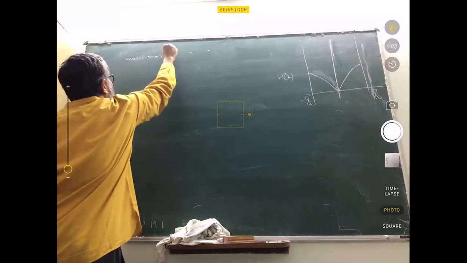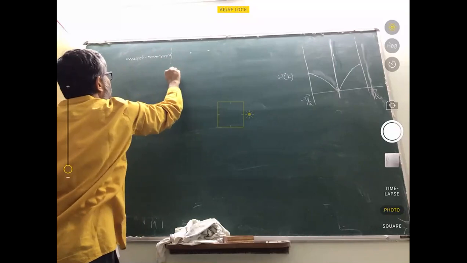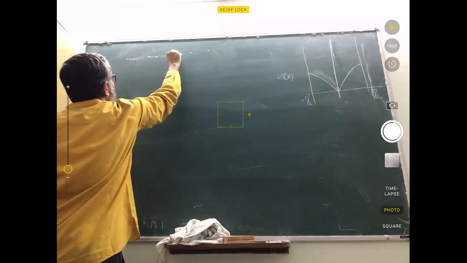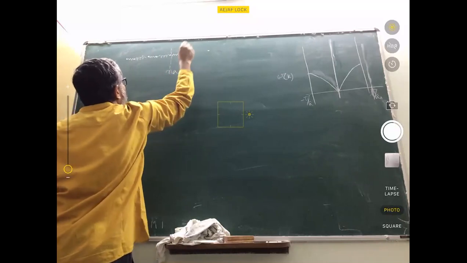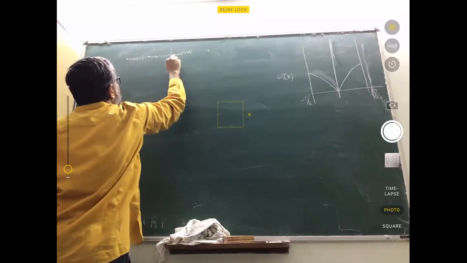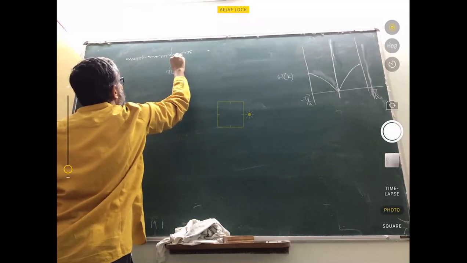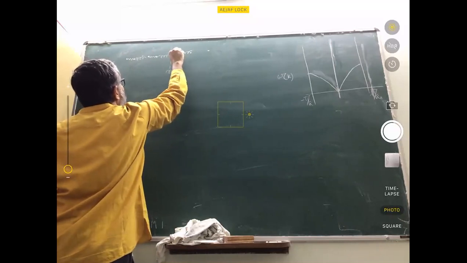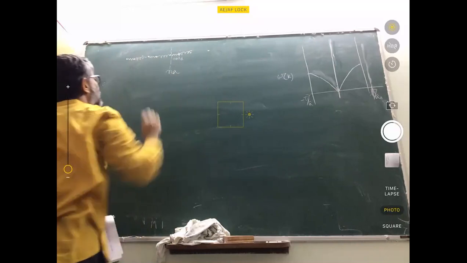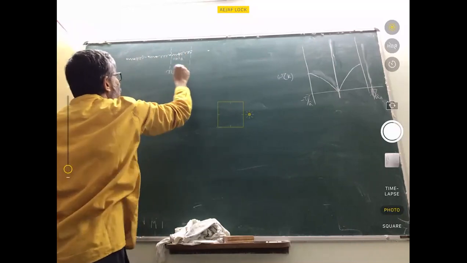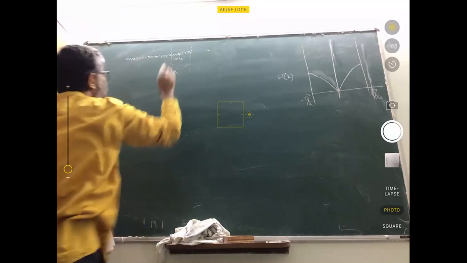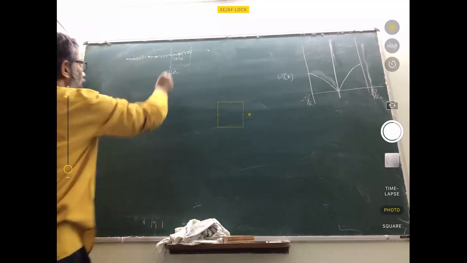So these atoms are sitting at Na, and then within that cell there is another atom which is sitting at Na plus d. That is, this atom is sitting at Na plus d, and this is the unit cell of length a.